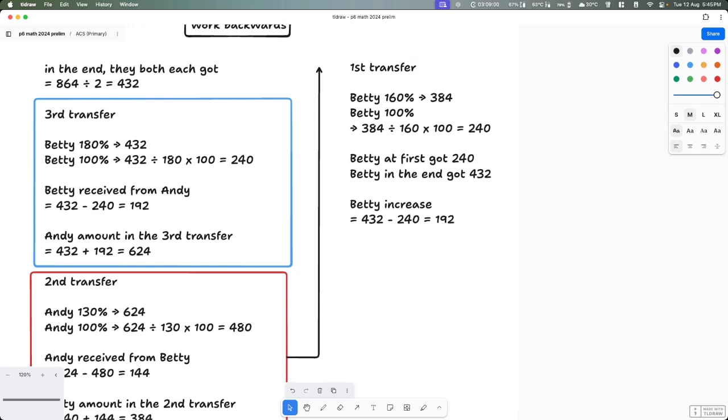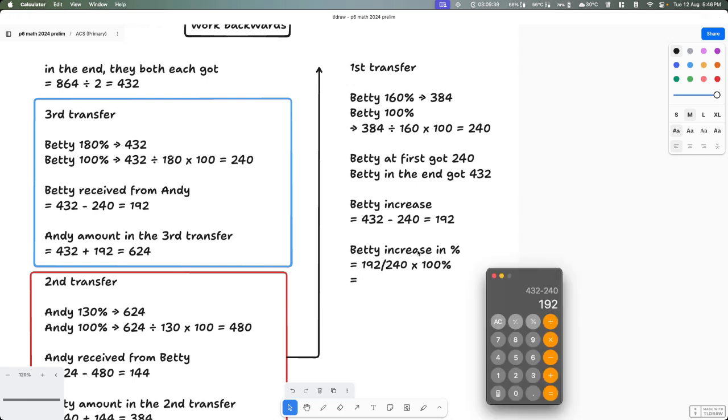So we know Betty at first, 240, is equal to 100%. So Betty's increase in percentage is equal to 192 divided by 240 times 100%.